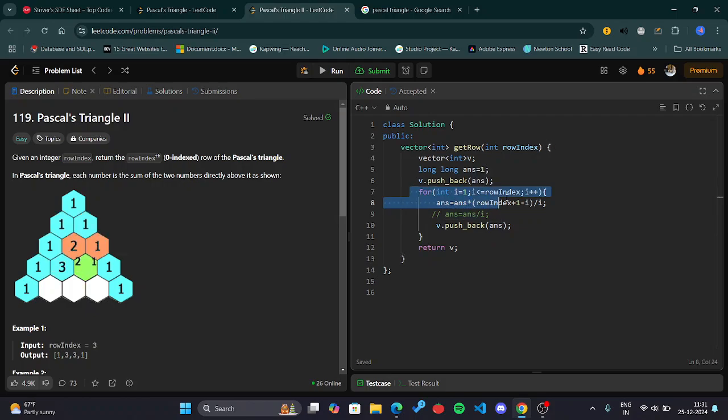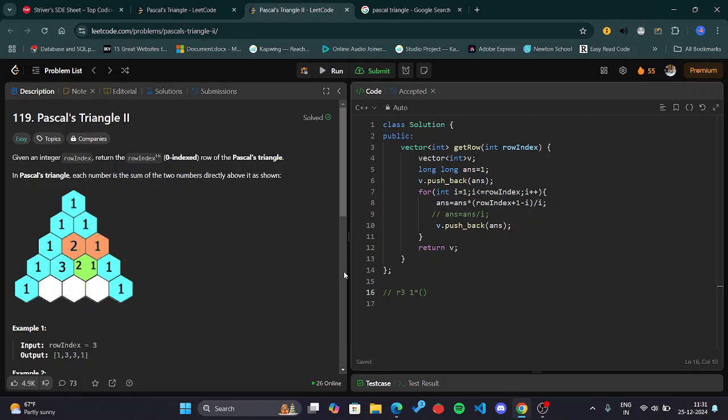And then I have to run the for loop, and I have taken answer as answer into row index. Now I will show how this 2 is coming here. Suppose you just see row for this. Okay, let's do it for this only. We are given the row as 3, right? So answer is 1 first.